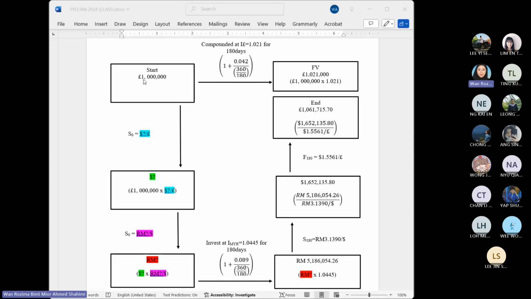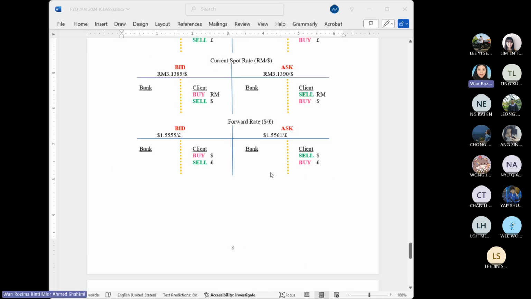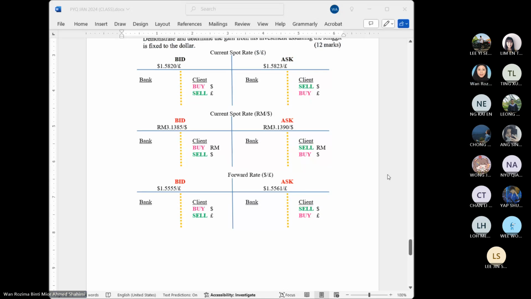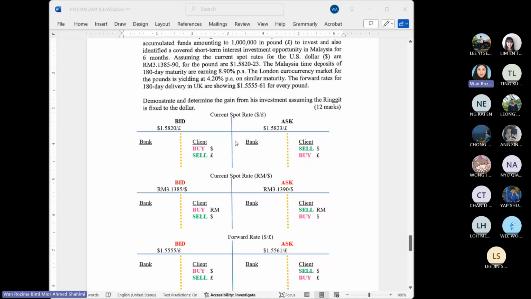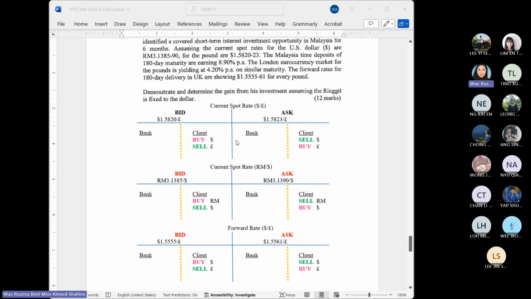So 1 million, then you convert, meaning sell British pound and buy USD. We are dealing with the current spot rate because we need to convert from British pound to USD. So sell British pound, buy USD. Bid price, am I right?